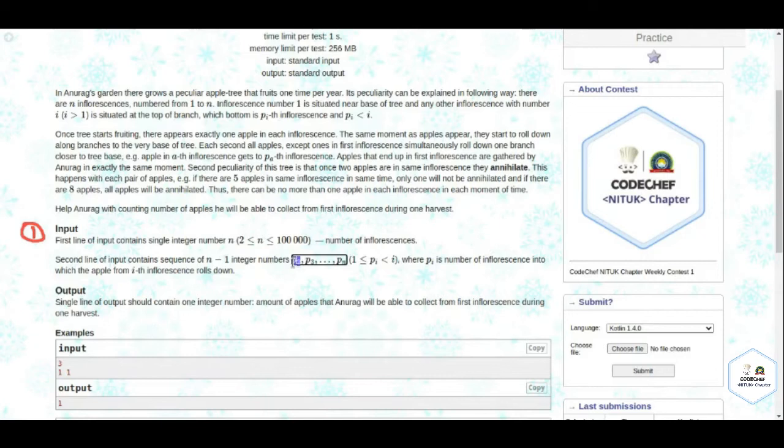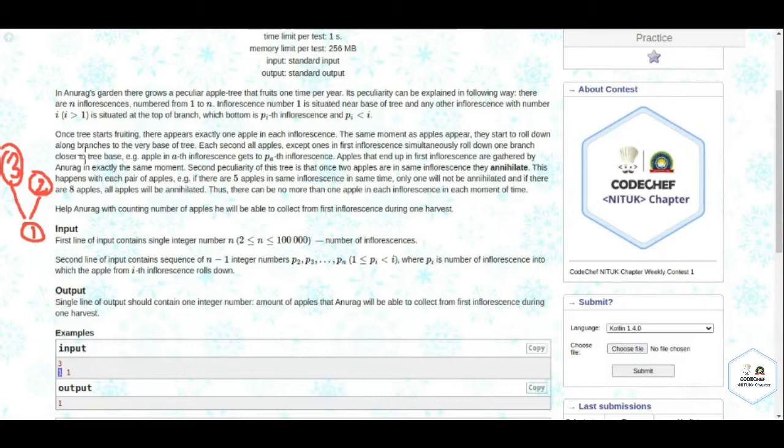This is the base of inflorescence number 2, that is p2. If the value of p2 is 1, this means the base of inflorescence number 2 is 1, and if the value of p3 is 1, this means the base of 3 is also 1. So we are given trees like this.